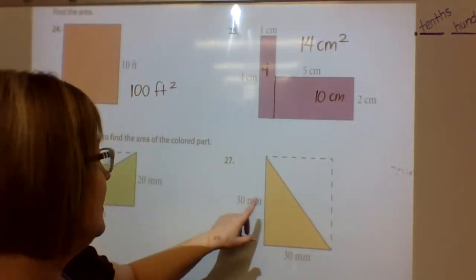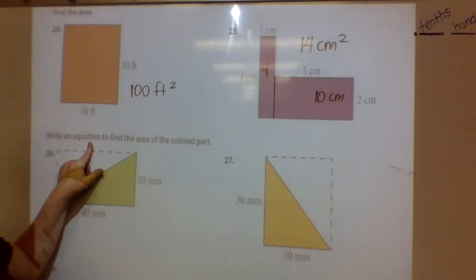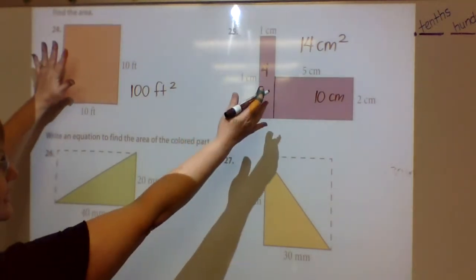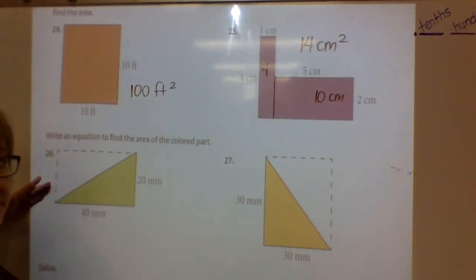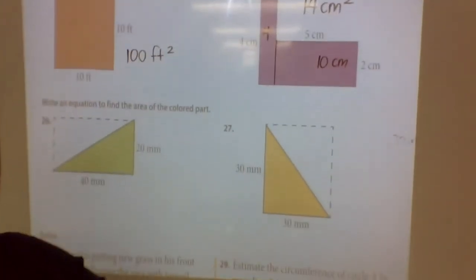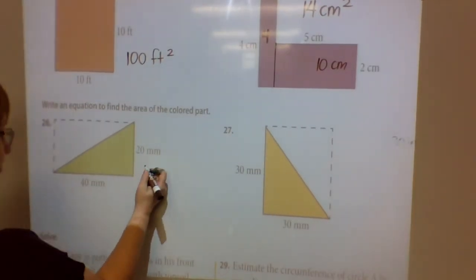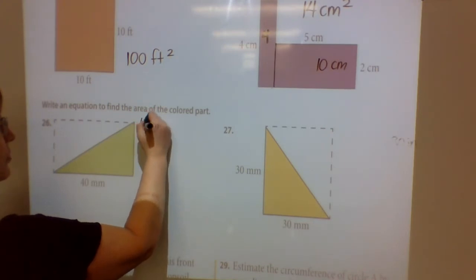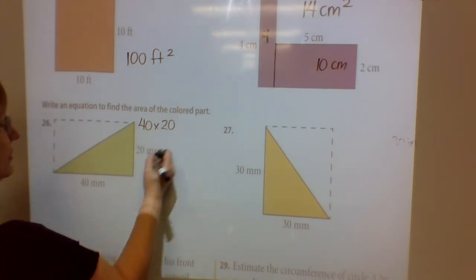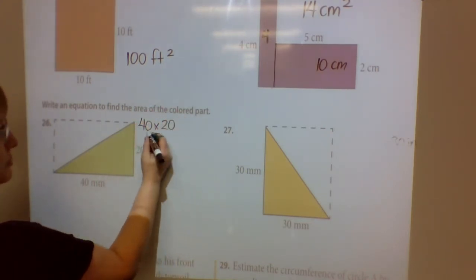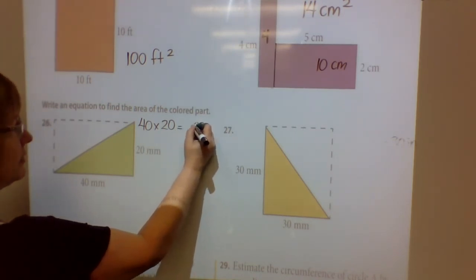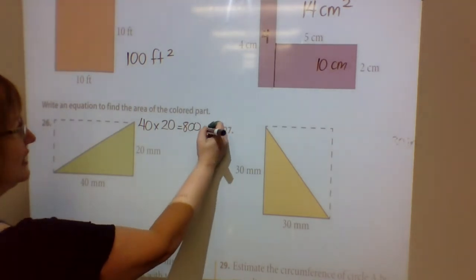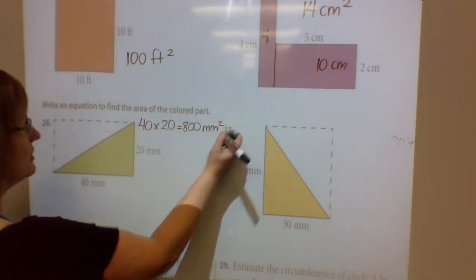Okay, then down here, this time we do write an equation to find the area of the colored part. So we're going to do it just like this and subtract half of it, remember? Okay, so on this we're going to do 40 times 20 equals, put your zeros, 2 zeros, and 4 times 2 is 8. 800 square millimeters.